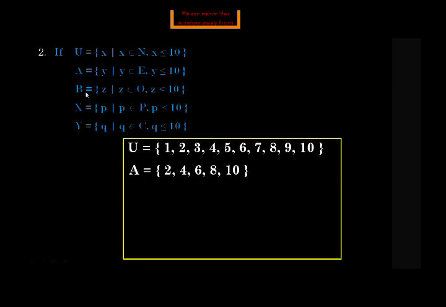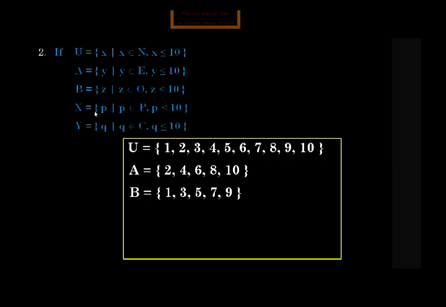Now the third statement. Z such that Z belongs to O, where O represents odd numbers, Z is less than 10. We have to write down the odd numbers which are less than 10. So the odd numbers are 1, 3, 5, 7 and 9.